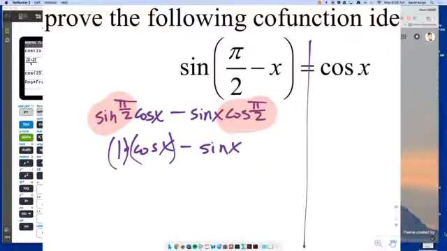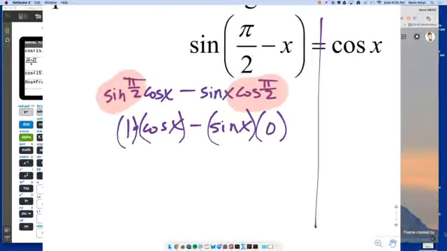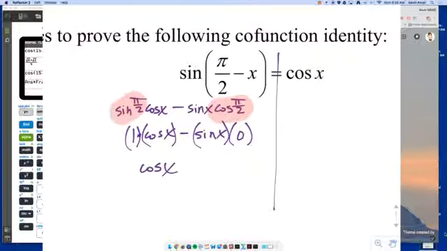What is cosine of pi halves? 0. And so now if we simplify, 1 times anything is itself, and anything times 0 is 0. So we end up with cosine of x. Yes. And it works.